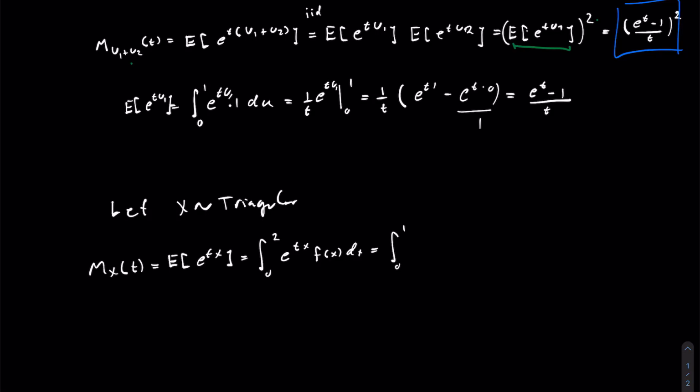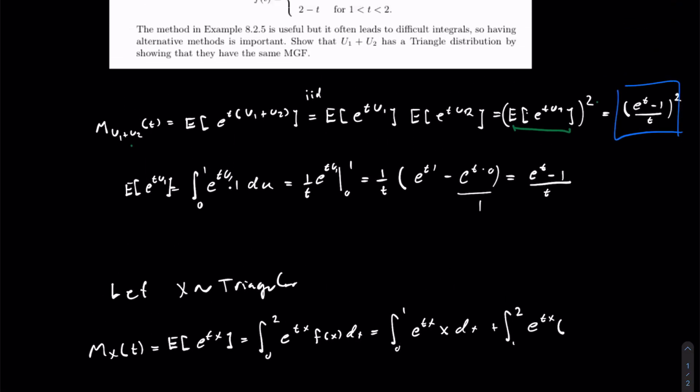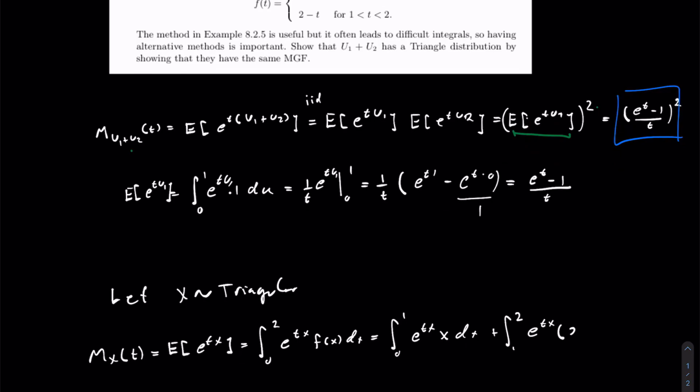So from 0 to 1 we have e to the tx, and then the PDF is just x dx, plus 1 to 2, e to the tx, its support is, let's see, it's 2 minus x dx.